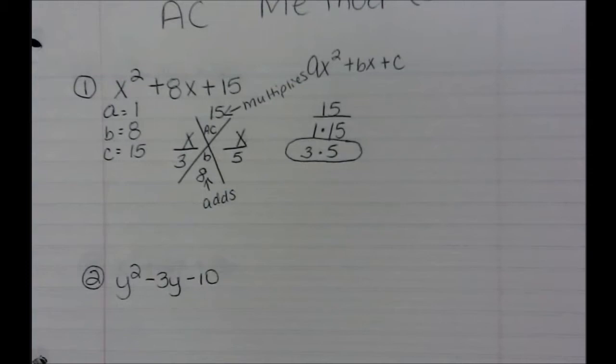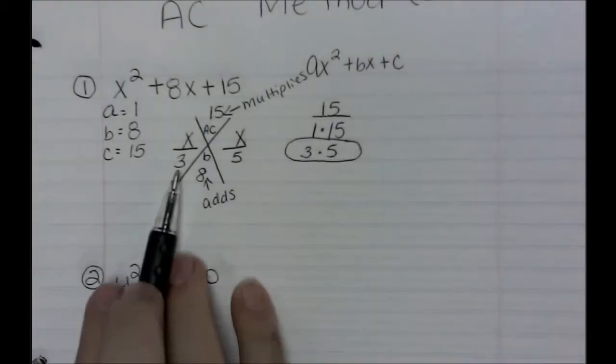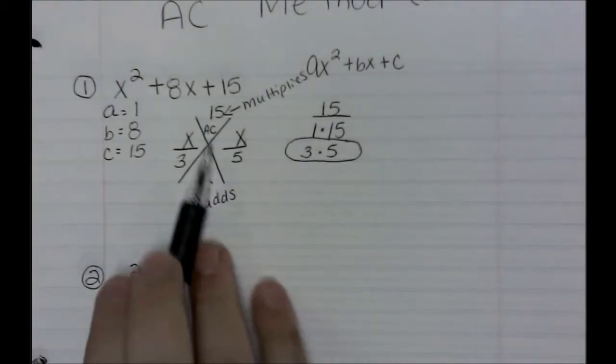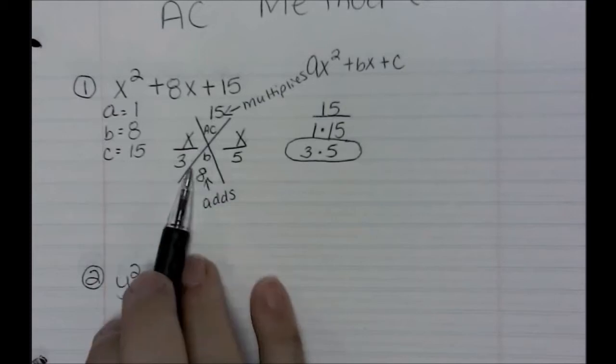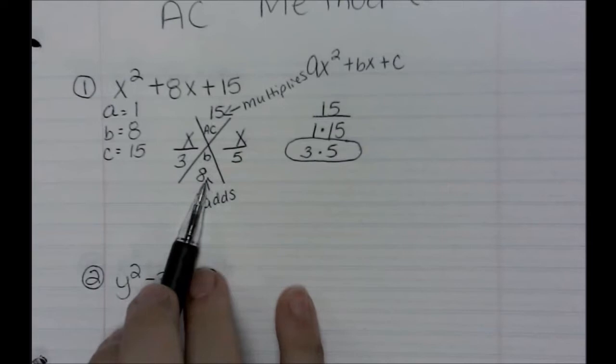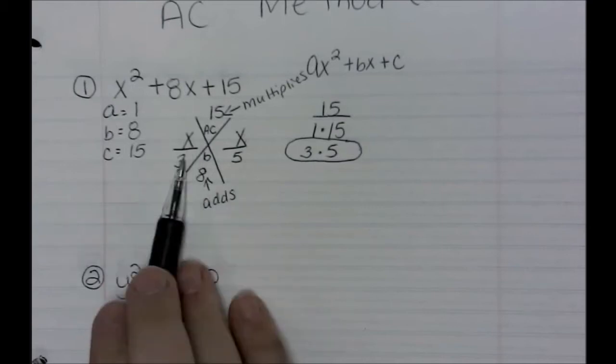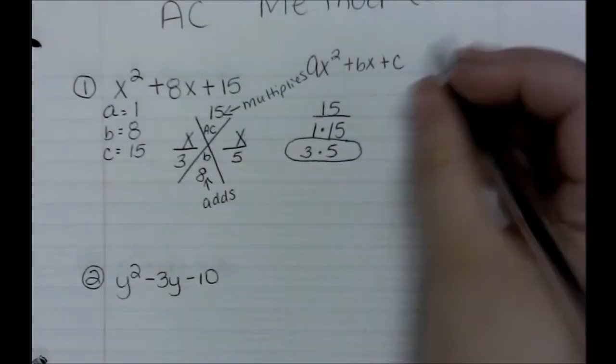Now I'm going to check and make sure I'm doing everything correct so far. So do these two numbers, 3 times 5, do they multiply to give you 15? Yes. Does 3 plus 5 give you 8 when you add them? Yes. So we've done everything right so far. So now I'm going to read these from top to bottom to get my two binomials.